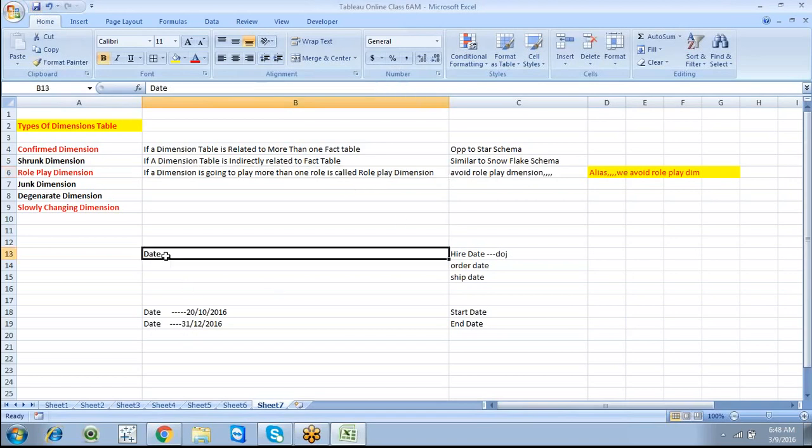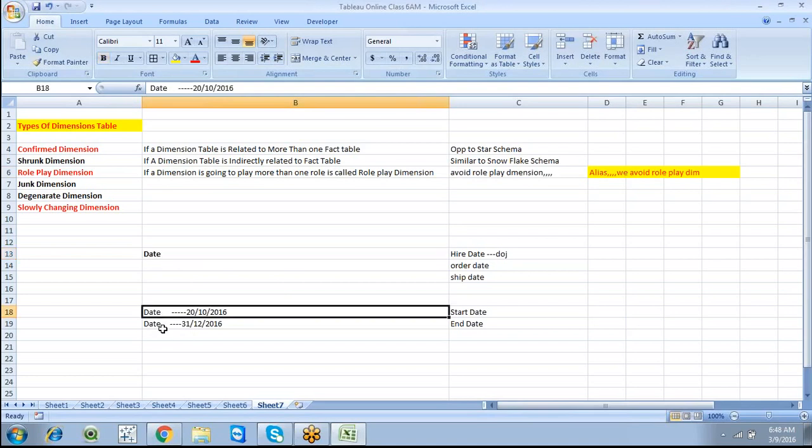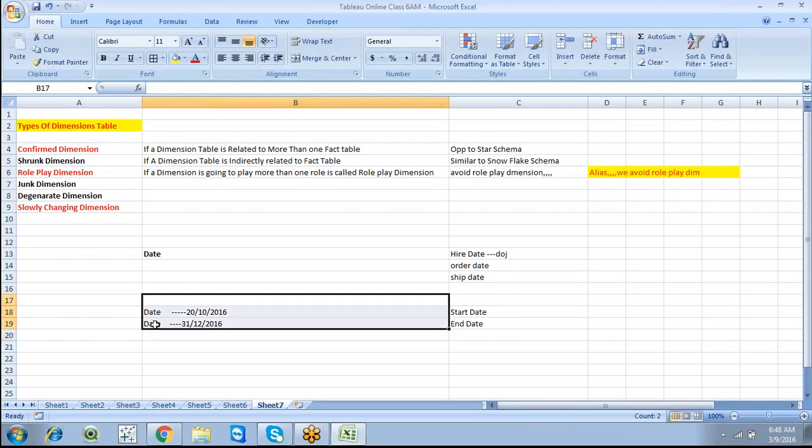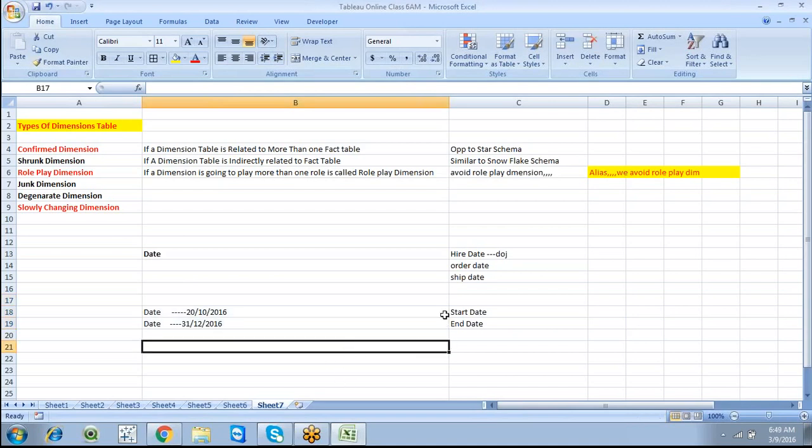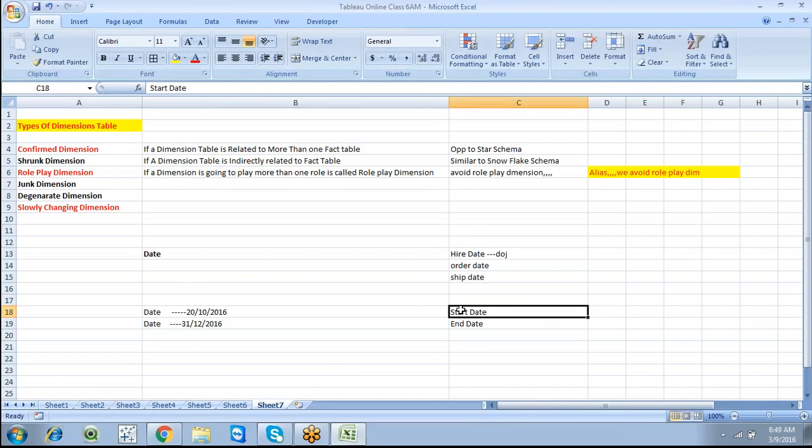An example for role play dimension is date. If that date displays the same similar date, like date and date, no one will understand which one is which, though as per the business I can understand. So we can go for renaming or aliasing, a different name.